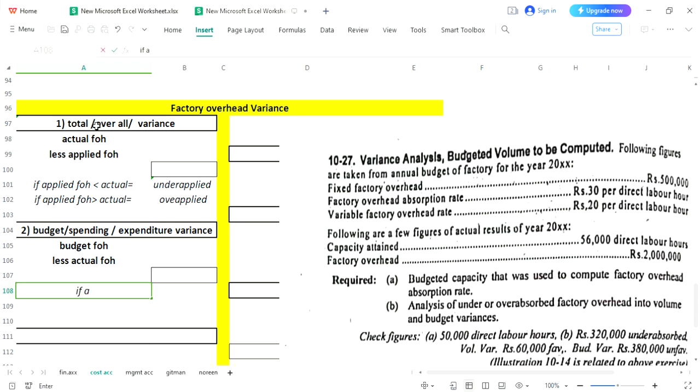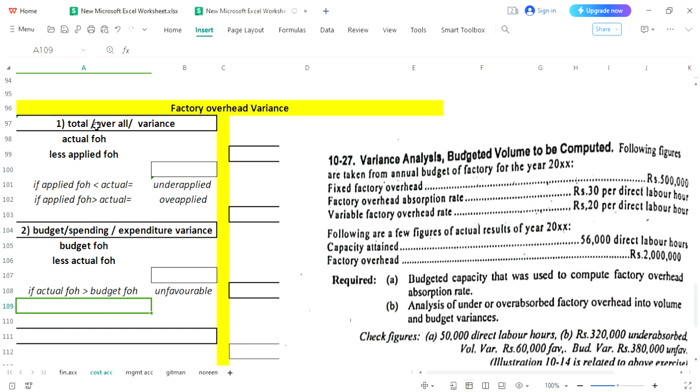If actual FOH is more than budget FOH, that will show that actual expenses are more than your budget. So it would be unfavorable for you, when you are spending more than your budget.